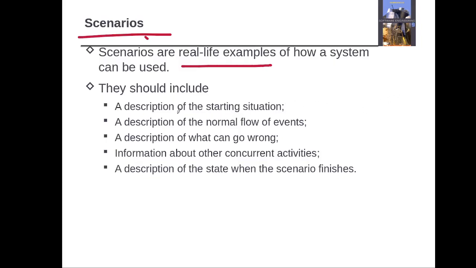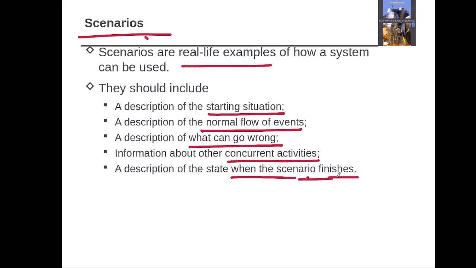It includes a description of the starting position, how it will start, and the normal flow of events, that after starting this thing happens and after that this may happen or this may happen. What can go wrong should be written, along with other concurrent alternatives, that is, what are the other possibilities to be used, right? Now, when the scenario finishes, what is the output, what do we actually want?